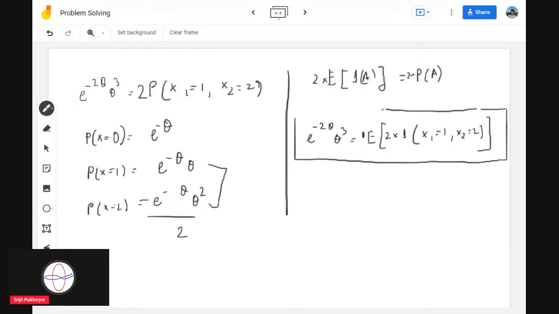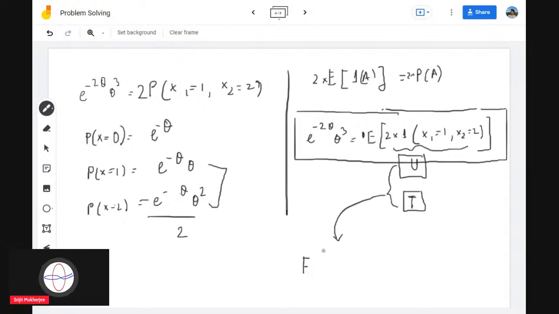Okay, great. So now observe how you will approximate this. It's the expectation of this, but this is not a function of the complete sufficient statistic. But we have got an unbiased estimator U, and we know a complete sufficient statistic, that is T. So we can find the expectation of U given T. By Lehmann-Scheffé, this is the UMVUE.